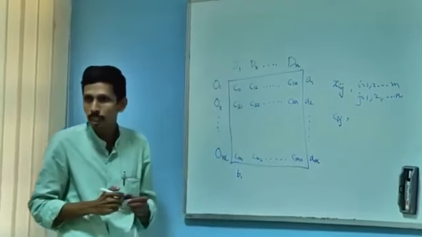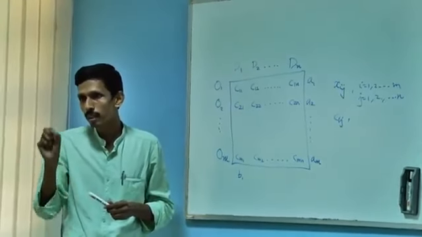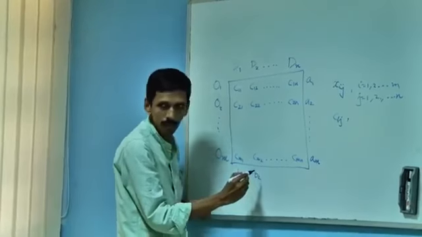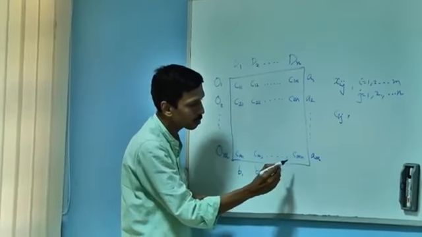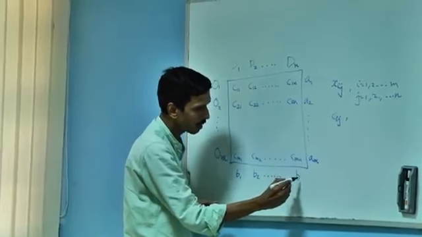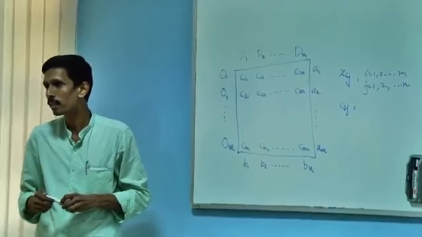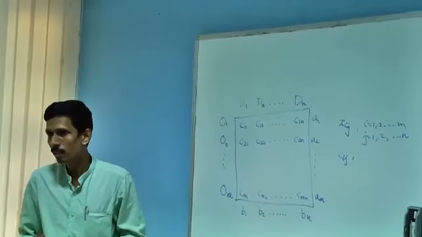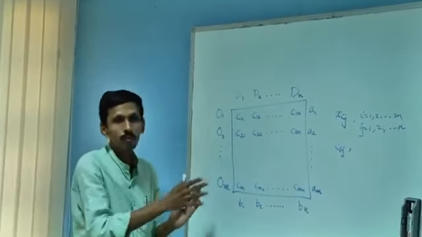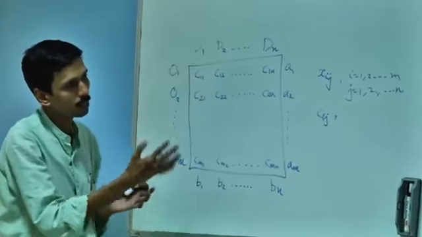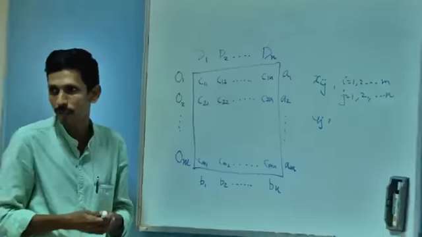B1 is the minimum unit requirement at destination 1. Then B2 is the minimum requirement at destination 2. And finally, Bn is the minimum requirement at destination n. These we will call rim requirements. How can these rim requirements be expressed mathematically?